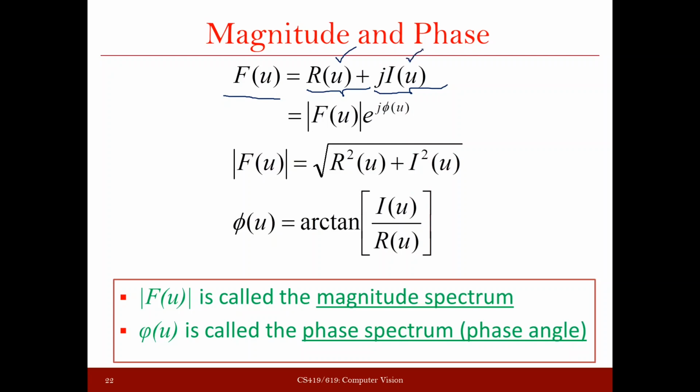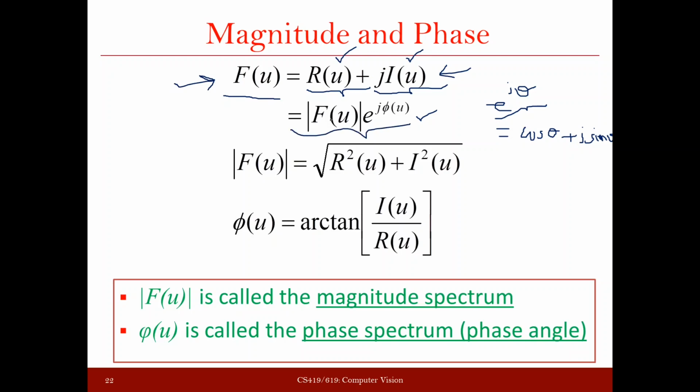Alternatively, it can be written like this also, where e to the power j theta is equal to cos theta plus j sin theta. So if you replace cos theta plus j sin theta by e^(j theta), then you will find that whatever you get for f(u) can be written like this.